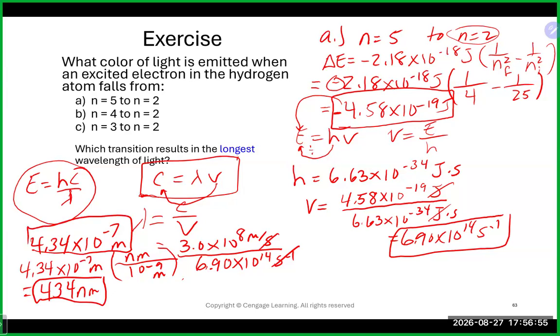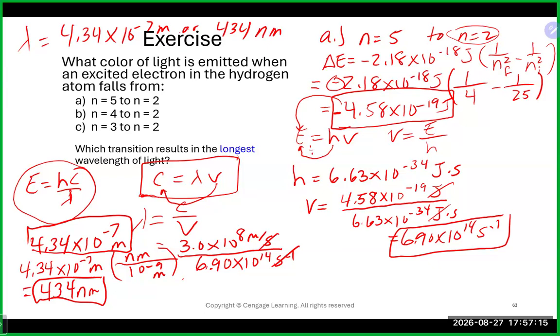Any questions on that one there? All right, so wavelength here, I'll put it up here, it's just a little low there, 4.34 times 10 to the minus 7 meters, or 434 nanometers in this particular case.